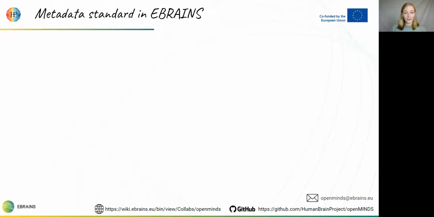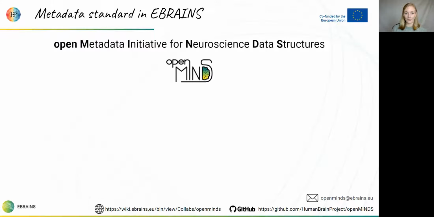The development of a metadata standard for the neuroscience field is very challenging because it needs to cover a wide range of research resulting in experimental or simulated data, computational models, and even software. However, most of them make use of similar terms and concepts and can therefore be standardized without losing the study-specific aspects. openMINDS was developed for this specific purpose.